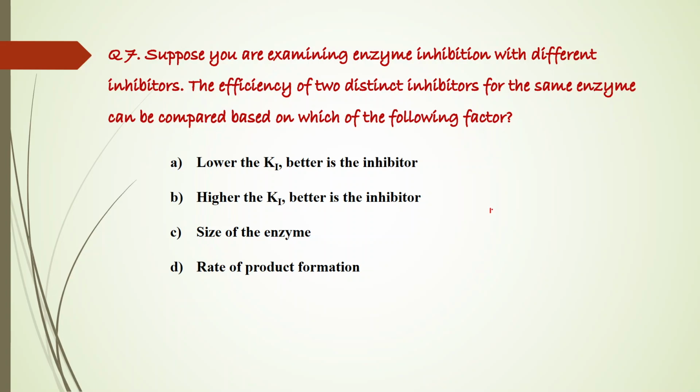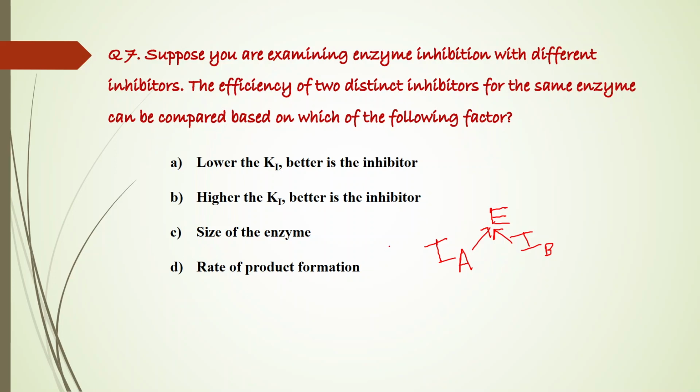So you have your enzyme E, then you have your inhibitors IA and IB. These are the two inhibitors. Both can inhibit the same enzyme, but one can, suppose, do this more efficiently and the other is less efficient. How can you make a distinction between them based on their capability of inhibiting the enzyme?